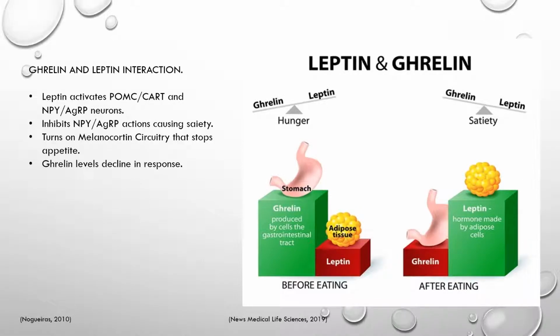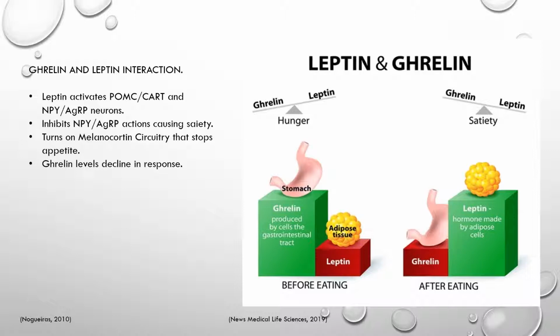Another hormone, leptin, interacts with ghrelin in appetite control. Leptin, which is mostly secreted by adipose tissues, targets the same area of the hypothalamus as ghrelin, but its effect counters ghrelin's. It suppresses appetite.